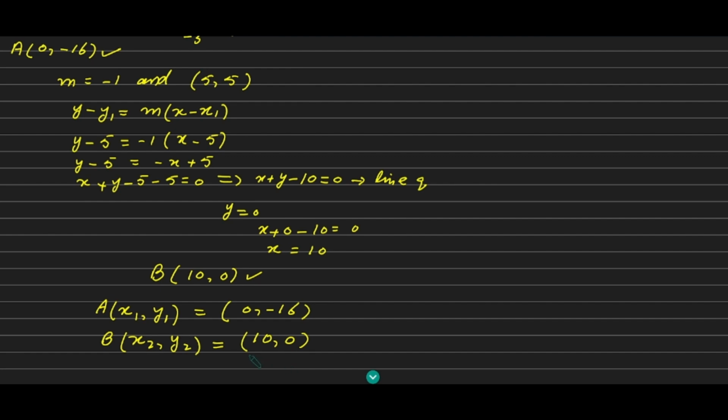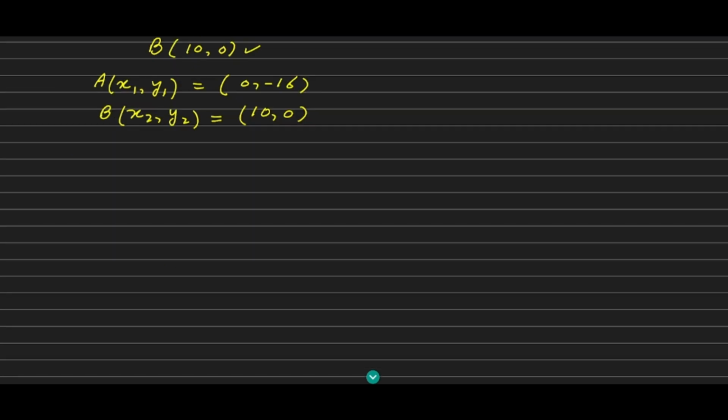Now we find the gradient of the line joining these points A and B. As we know, m equals y2 minus y1 over x2 minus x1.